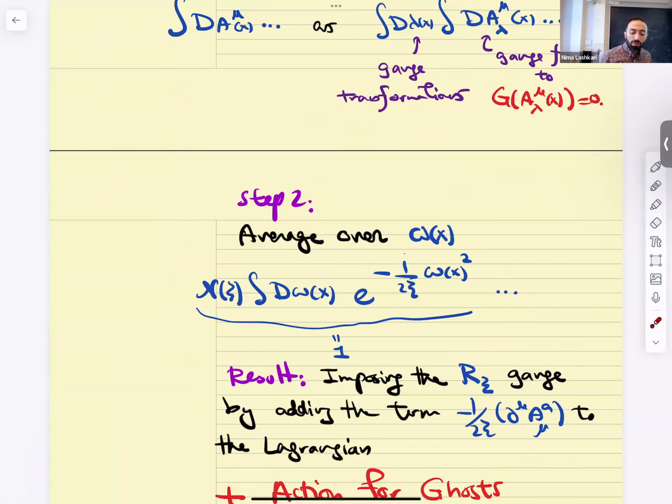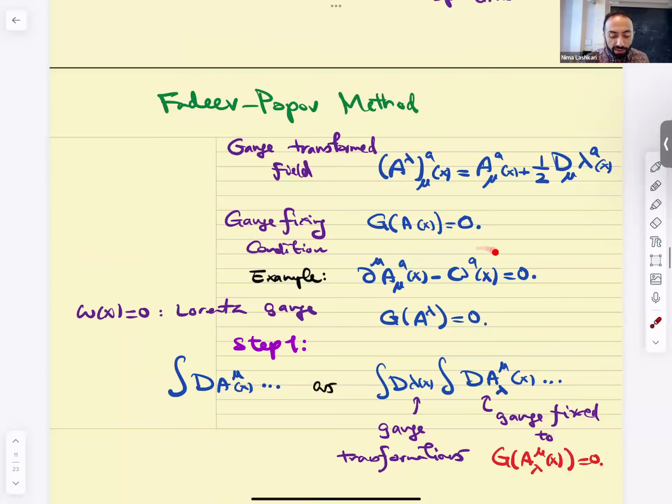In step 2, because here what I did was that I introduced some omega of A. I've gauge fixed in a particular way. And because this is gauge fixing, I could take this answer with gauge fixing choice omega 1, calculate this for omega 2, the answer is equal, right?